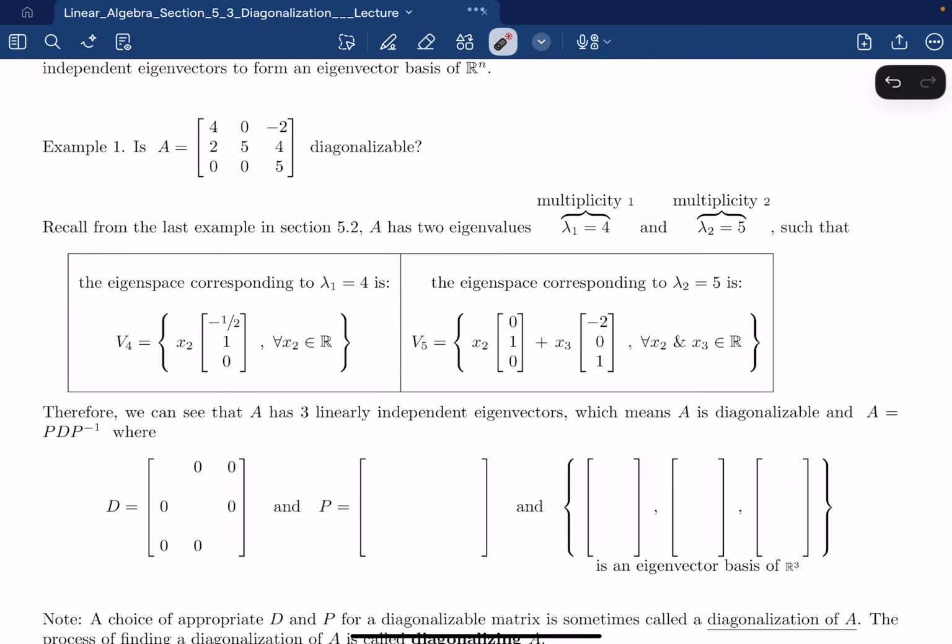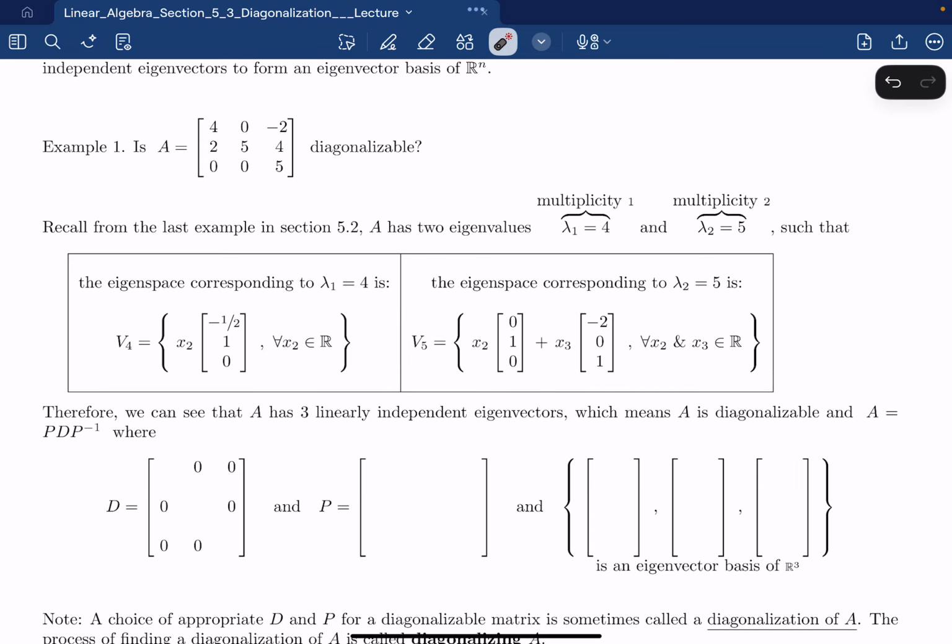And we even found the corresponding eigenspaces of lambda 1 and lambda 2. You can of course double check with your notes in 5.2. And the point here is that any vector in these respective spaces can be an eigenvector corresponding to lambda 1 equals 4 and lambda 2 equals 5, except for the zero vector. The zero vector can never be an eigenvector.